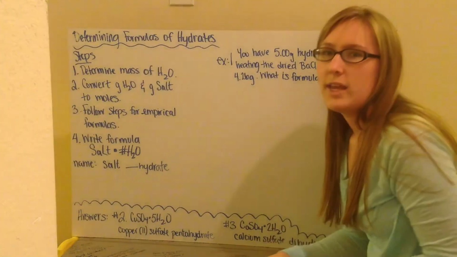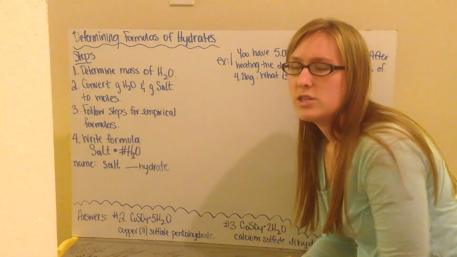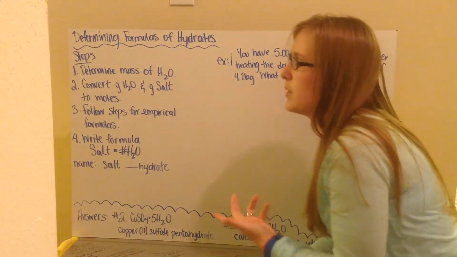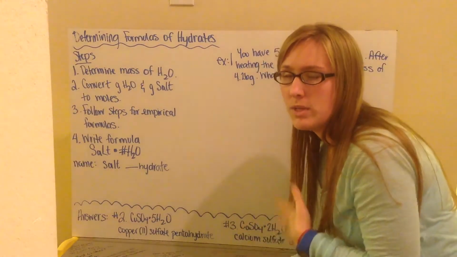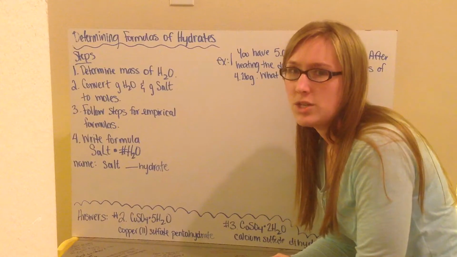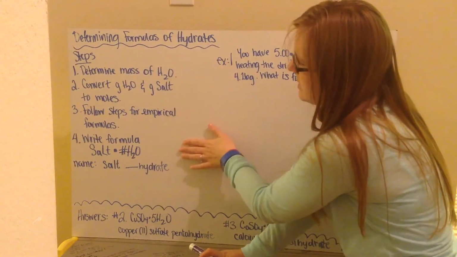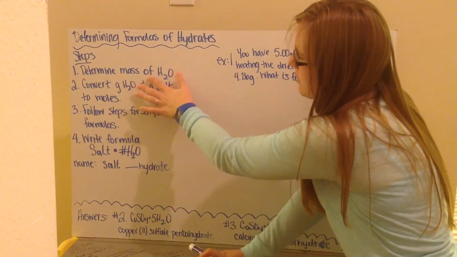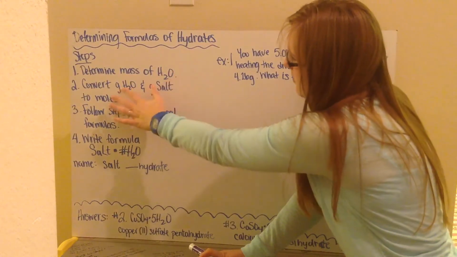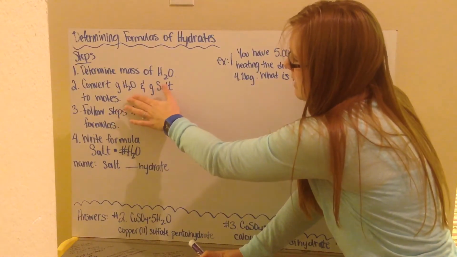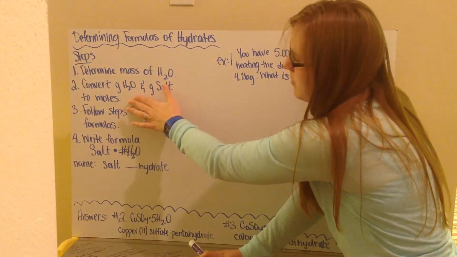Now we're going to determine the formula of a hydrate, given some experimental information. This brings together empirical and molecular formulas along with percent composition and molar mass. I have a list of steps to follow. First, I need to determine the mass of my water. Then I need to convert grams of water and grams of salt to moles, just like I would for molecular and empirical formulas.